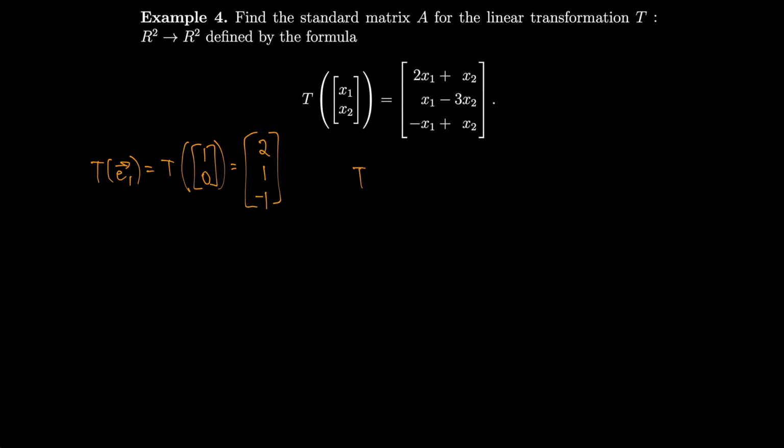Let's also get T of e2, because we're in R2, so we have two standard basis vectors. That's T applied to 0, 1. Now all of these are 0, and all of these are 1. So we get 1, minus 3, 1.